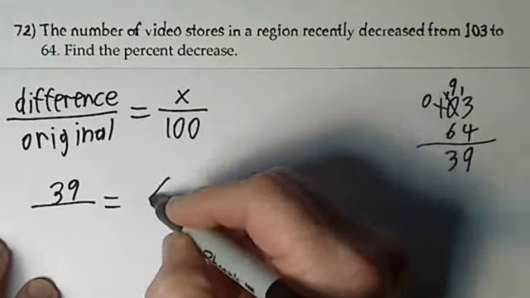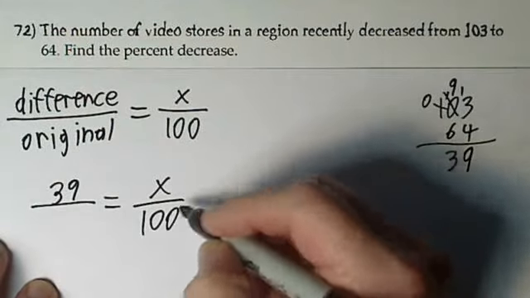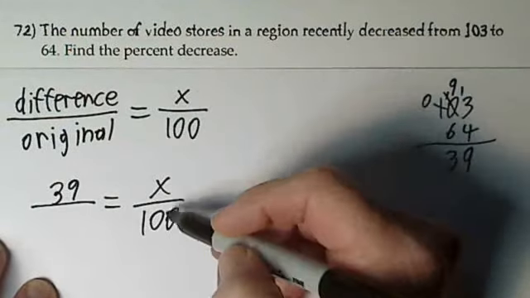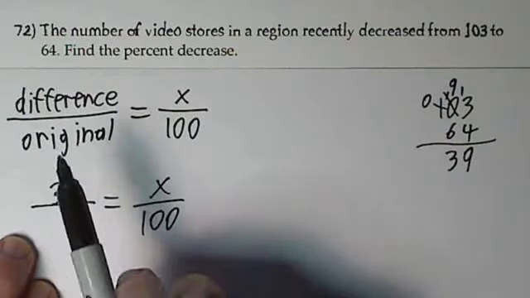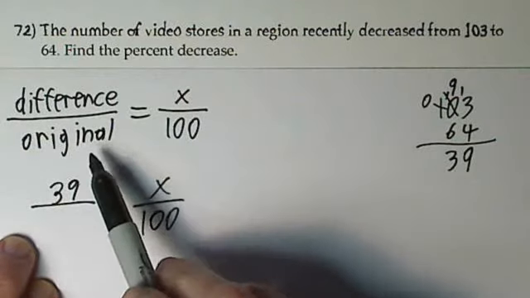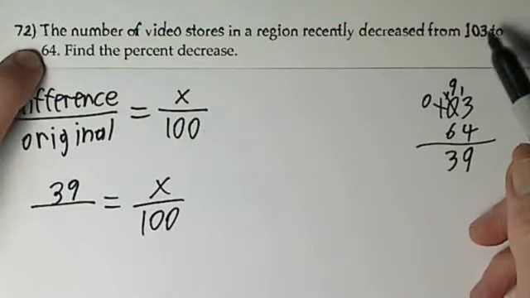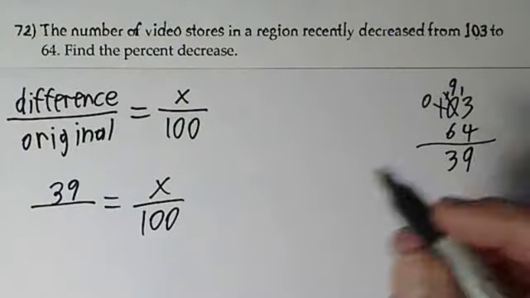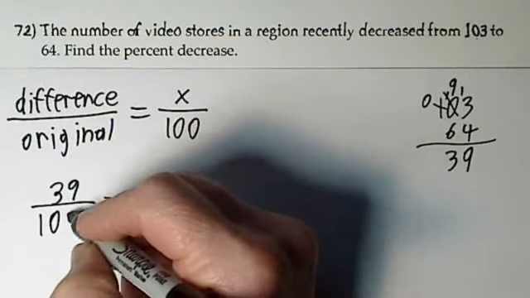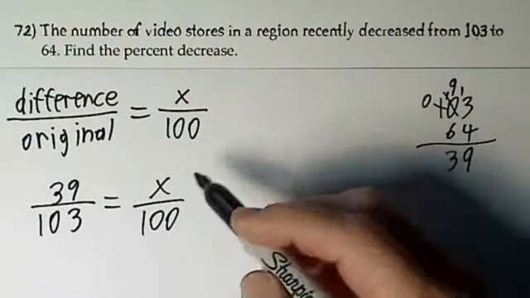Maybe I'll get my x over 100, since there's no question, that's always sitting there. And then over the original. Was it originally 103? Was it originally 64? It was originally 103.